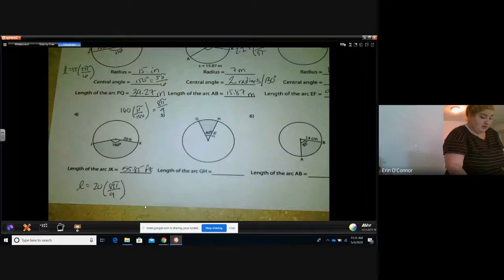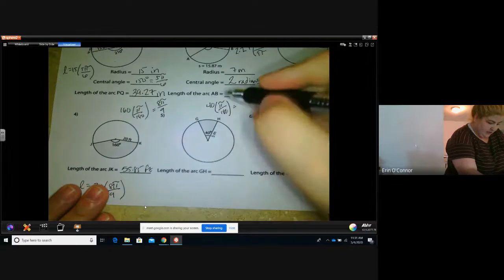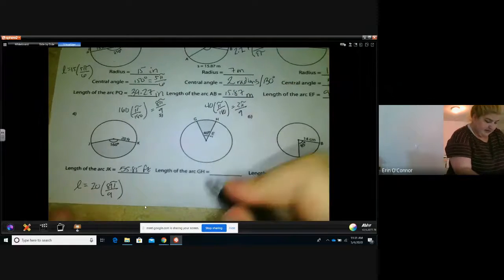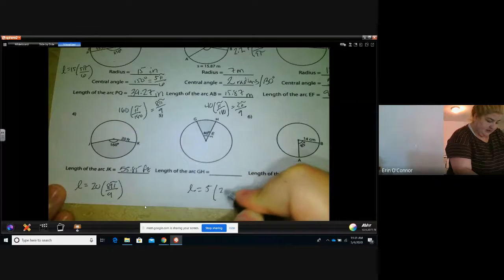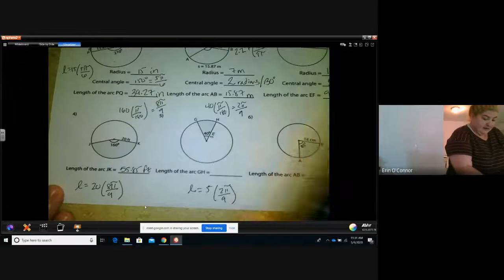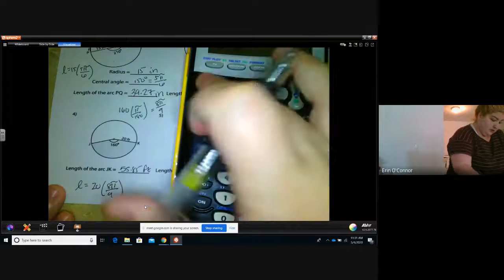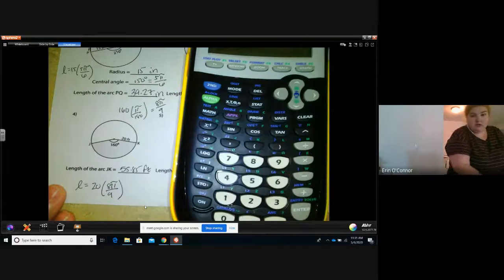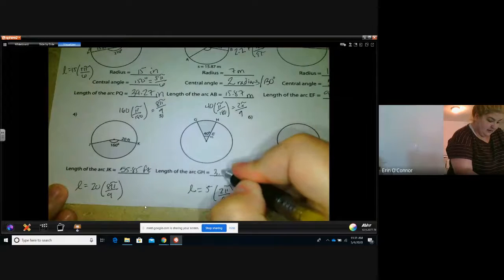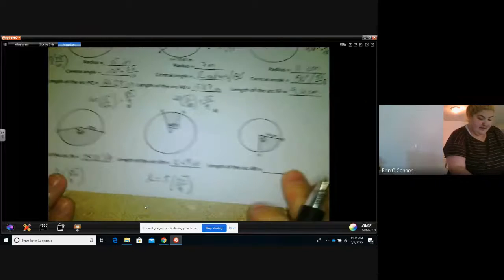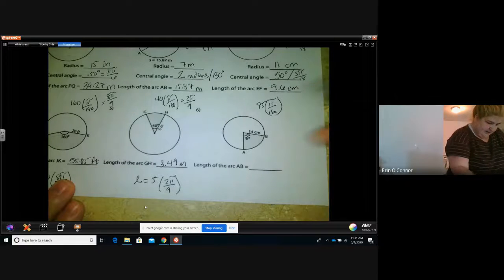For the next one, 40 times pi over 180 is equal to 2 pi over 9. So our work is length is equal to 5, because that's our radius, times 2 pi over 9, which is equal to 3.49 meters. And then the last one, we're doing 85 pi over 180.